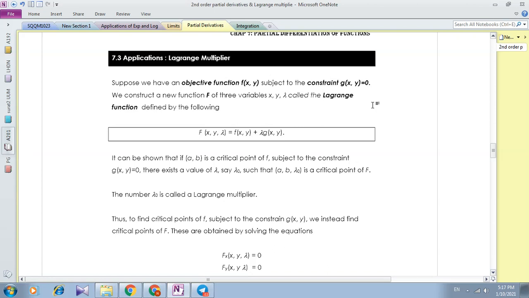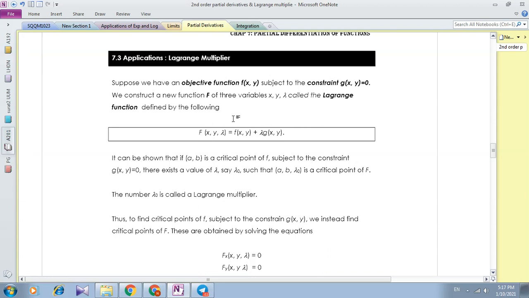We construct a new function, capital F, of 3 variables: x, y, and lambda. This symbol is called lambda.